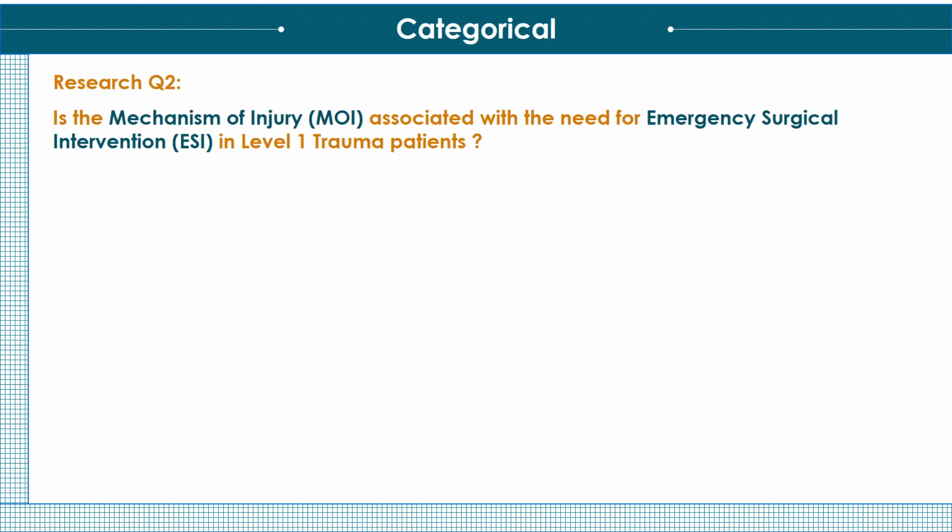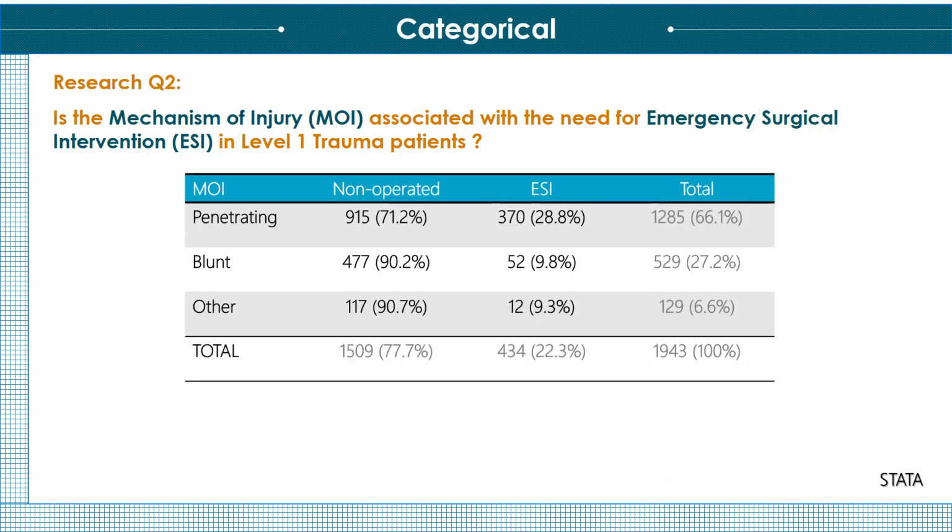So that's a 2-category variable. So you'll see here, apart from the total columns, we have a 2-by-3 table. You can see the percentages in penetrating: 71% of penetrating trauma were not operated on, compared to 90% and 91% in blunt and other respectively.